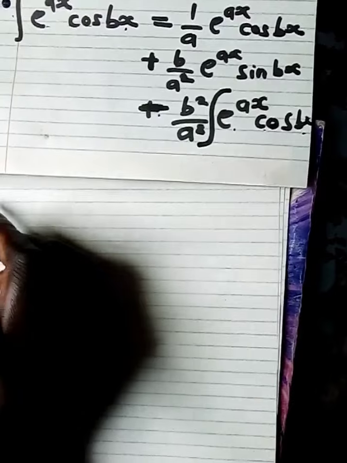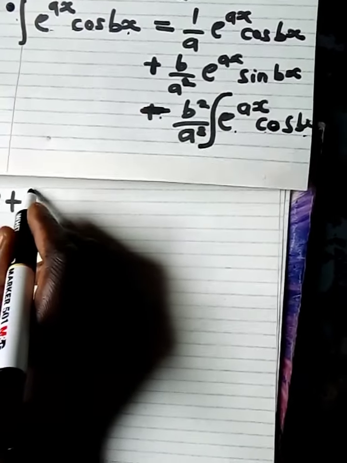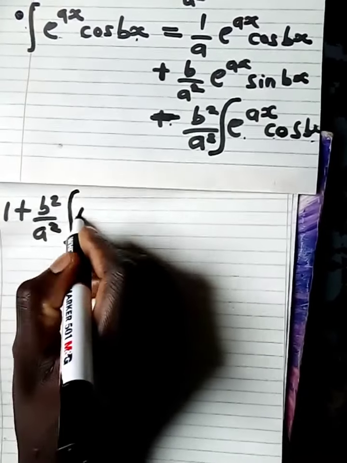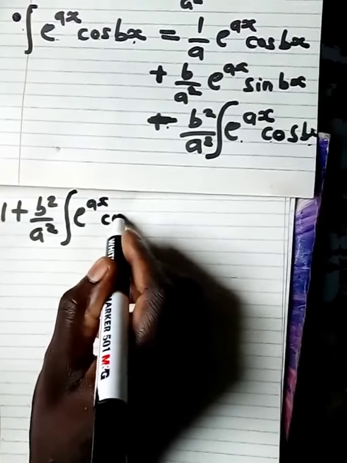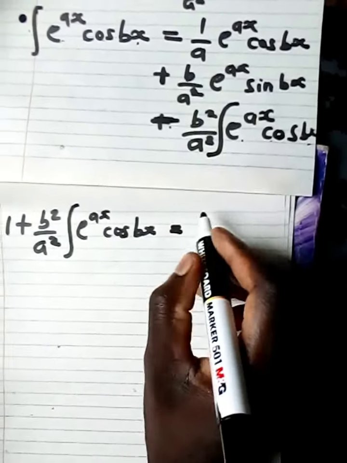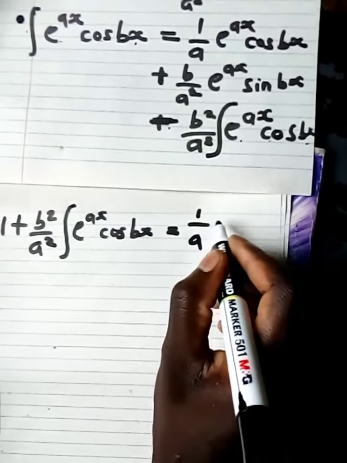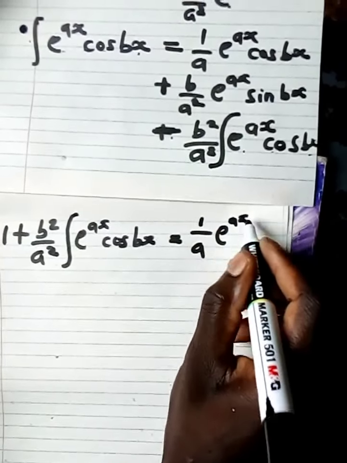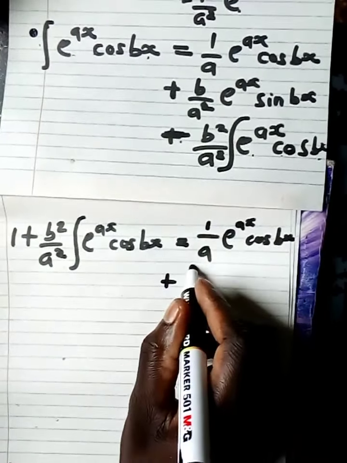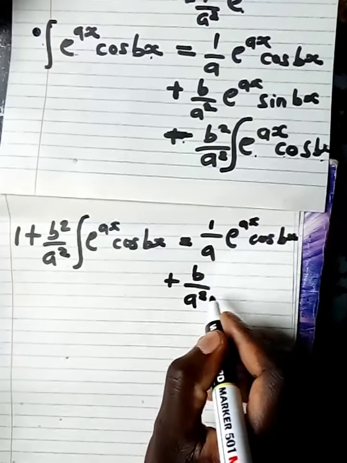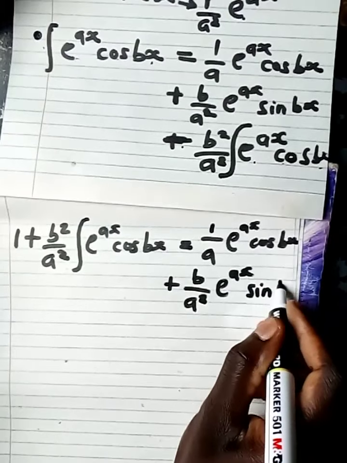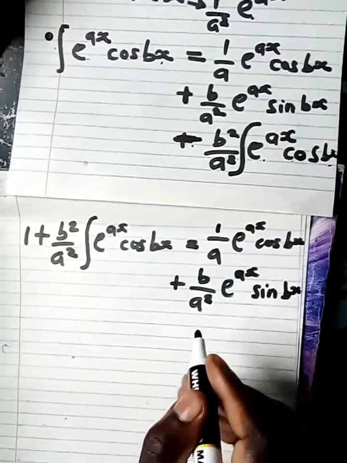That means I can now have 1 plus b squared over a squared, then integral of exponential ax cos bx being equal to 1 over a exponential ax cos bx plus b over a squared exponential ax sine bx.